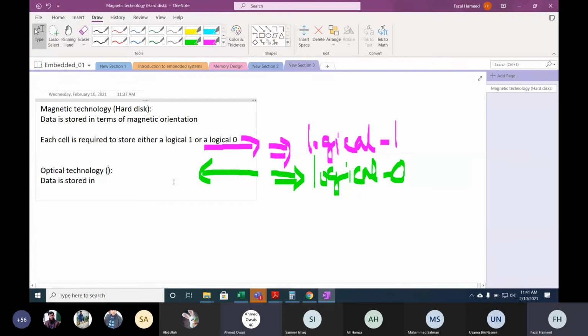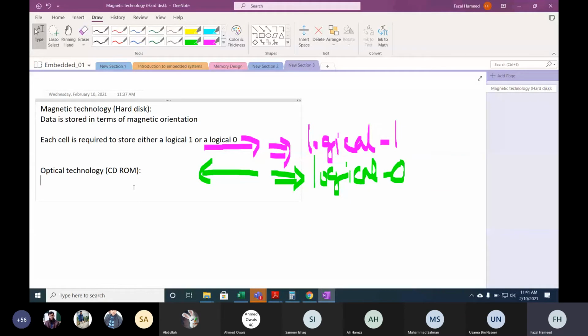Yeah, so optical technology is actually CD-ROM. You can assume this is a CD material, and in the CD material either the light can pass or the light can be stopped. Maybe they are using some material such that when you pass the light and receive the light, it means the structure is opaque.